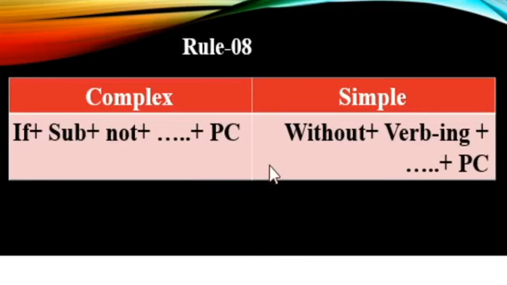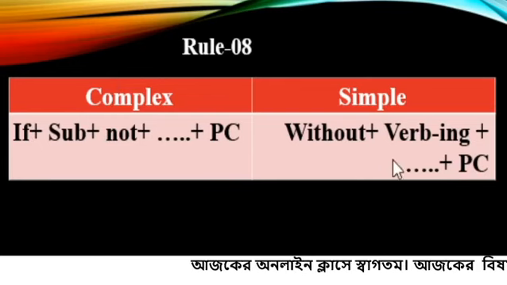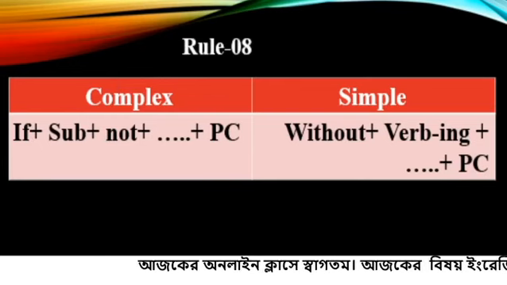Here, you notice that if "if" plus subject plus negative is in a complex sentence, we have to use "without" plus verb-ing in the simple sentence. Is it clear? I think it is clear to you. If plus negative in a complex sentence, in a simple sentence "without" plus verb-ing. Let's go to the next example.